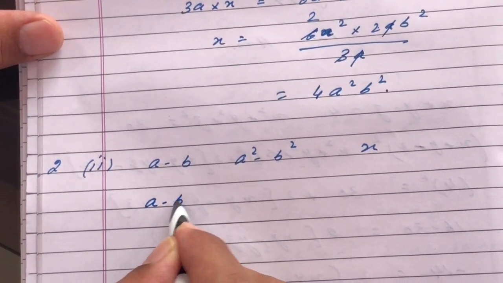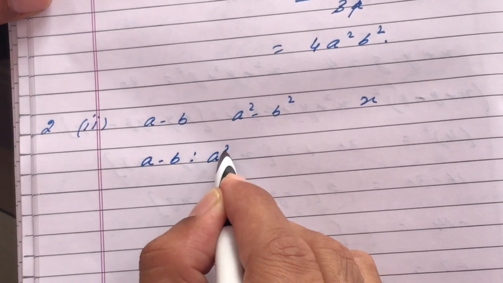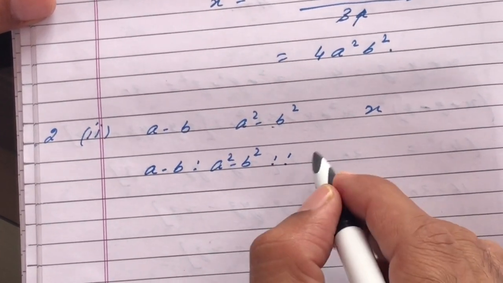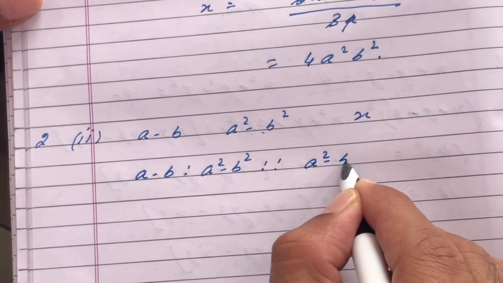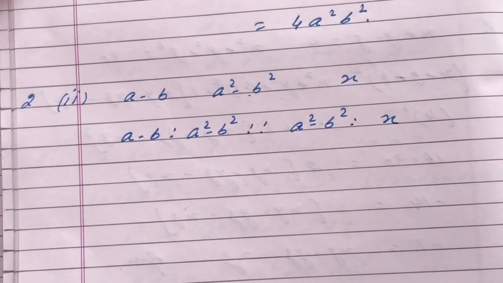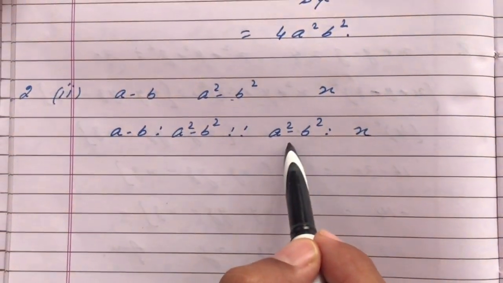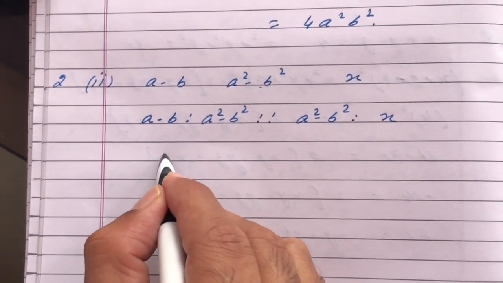So it means a minus b ratio a square minus b square. Remember this. Repeat the middle number, a square minus b square ratio x. Then I apply the same. Product of extremes is equal to product of means.